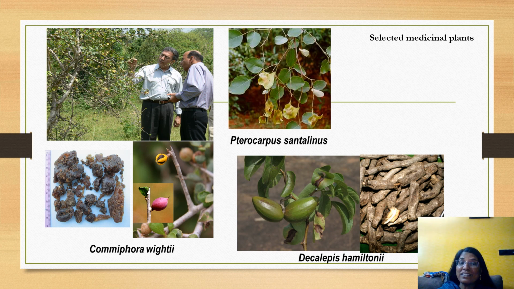So we are seeing some examples which are very restricted to a particular area, and some species have a diversified distribution across the country, like Celastrus paniculatus. These species you can find in other places of the country also. So next time when you look at medicinal plants, look at the distribution of the plant also.